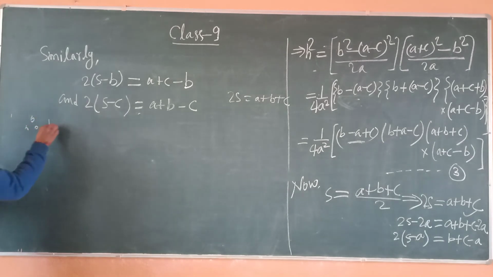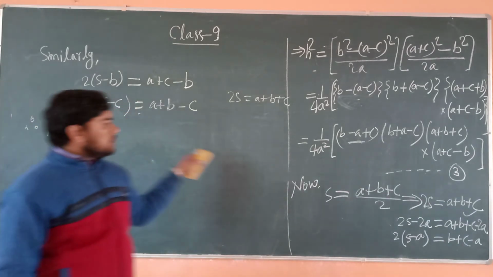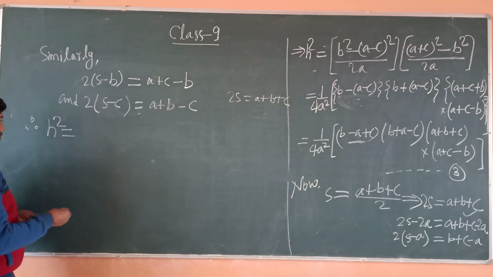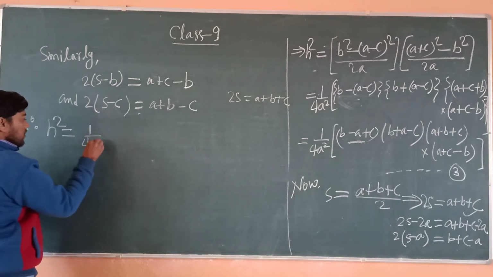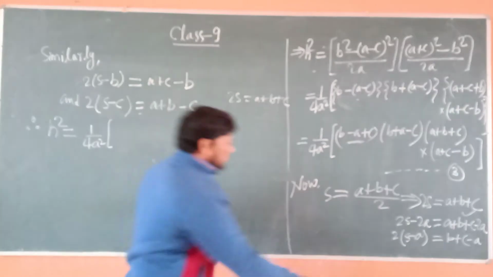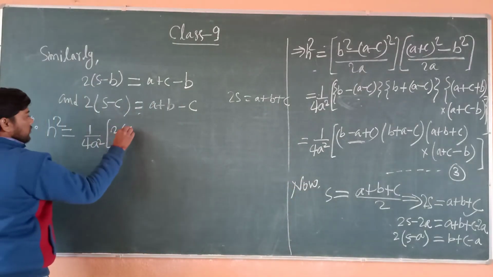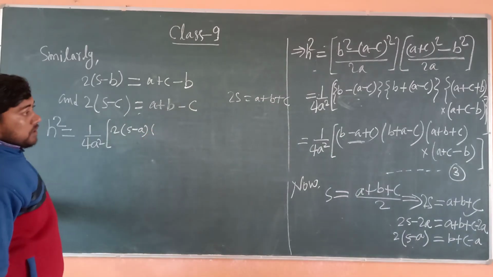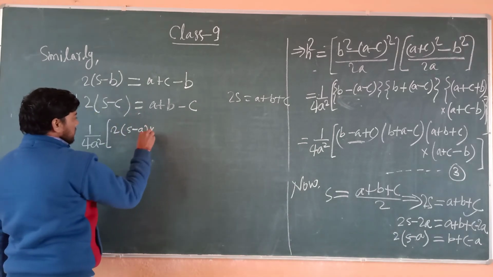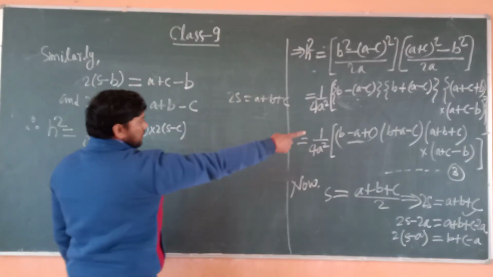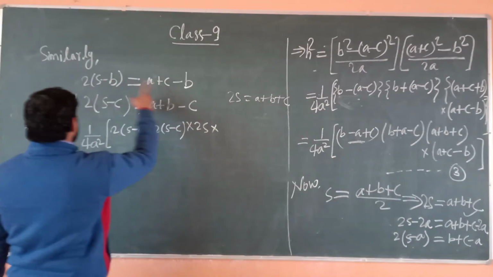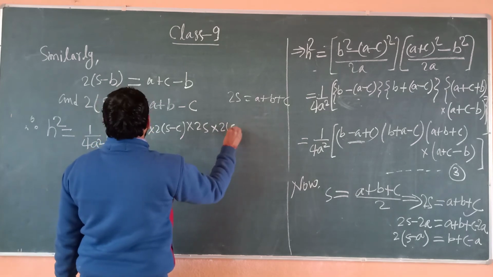Therefore, h square is equal to, putting all these values in the 3rd equation, 1 upon 4a square, b minus a plus c is equal to 2 into s minus a, b plus a minus c is 2 into s minus c, and a plus b plus c is equal to 2s, a plus c minus b is 2 into s minus b.